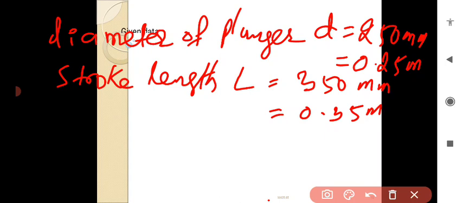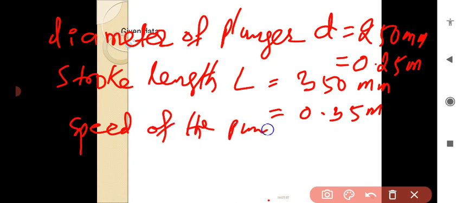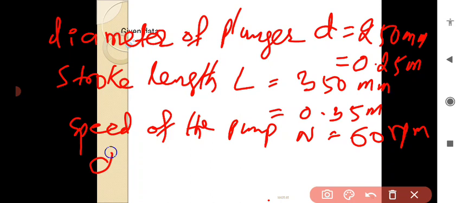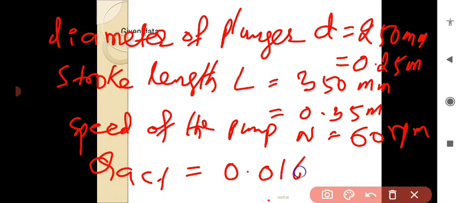Speed of the pump N is equal to 60 rpm. And the actual discharge Q actual is equal to 0.0165 meter cube per second.